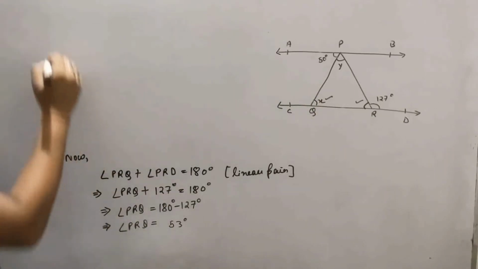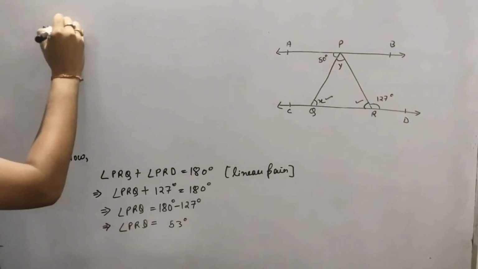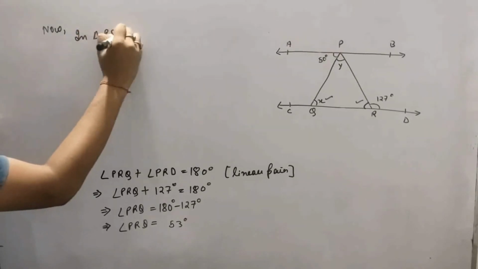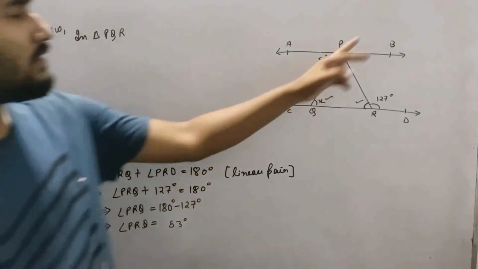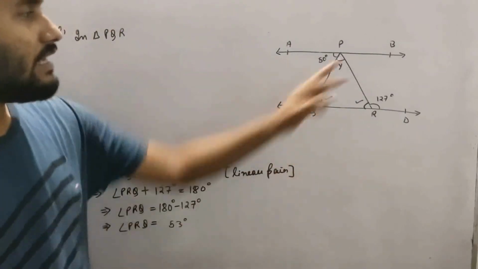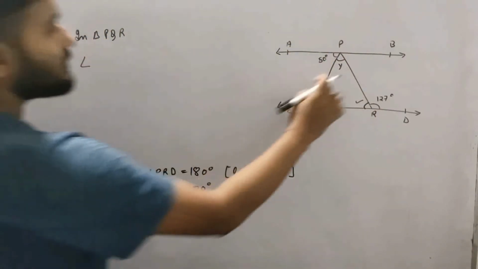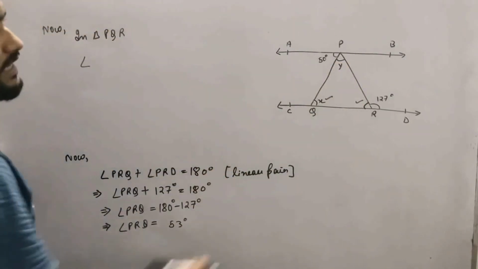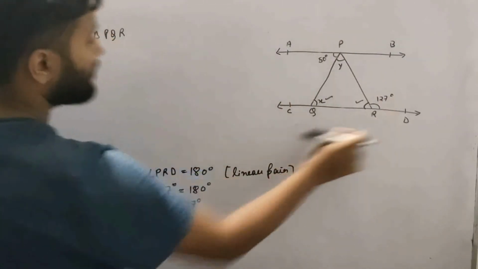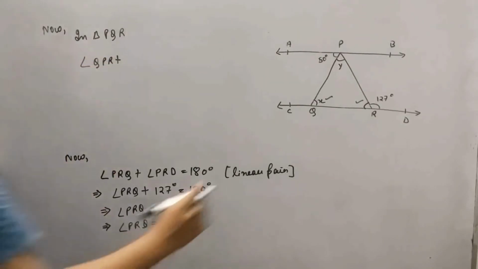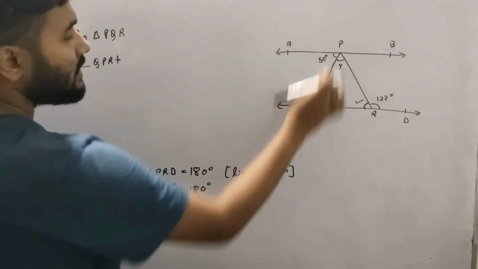Okay, so now I will write: in triangle PQR, if I add all the angles, first angle is QPR, plus what is the name of this angle?